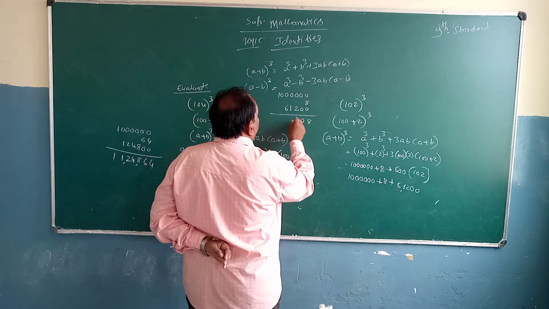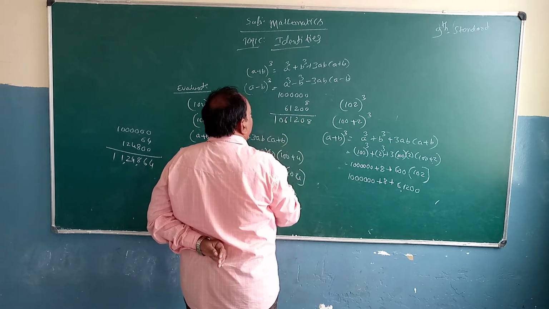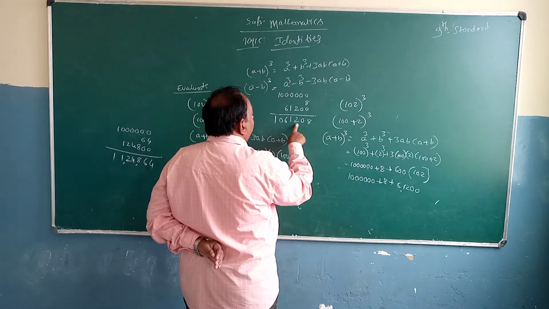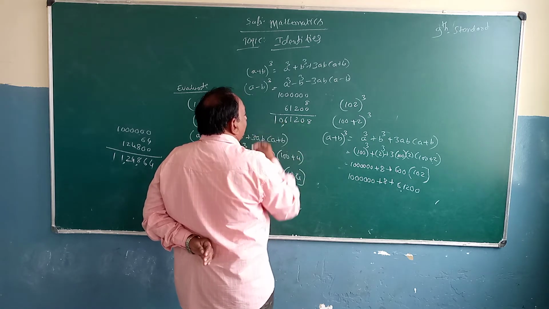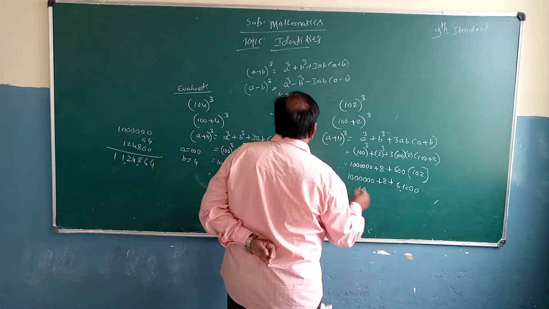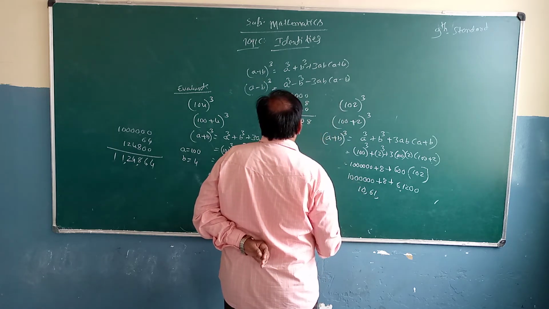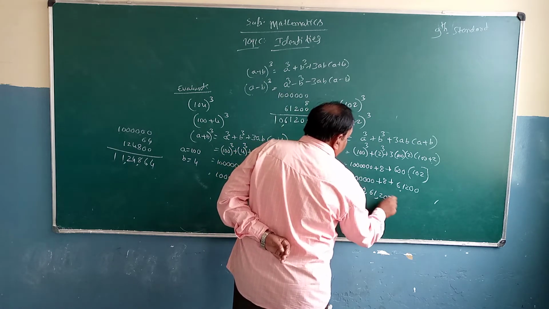Units, tens, hundreds, thousands, ten thousands, lakh, 10 lakh. 61,208.